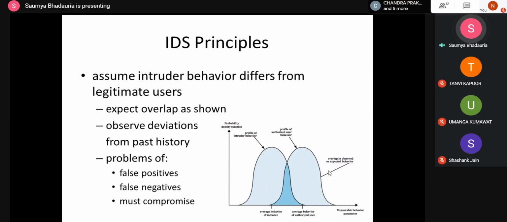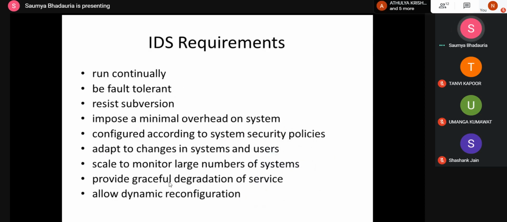There are problems of false positives and false negatives in any IDS, but a compromise needs to be made which limits the number of users being classified as false users.